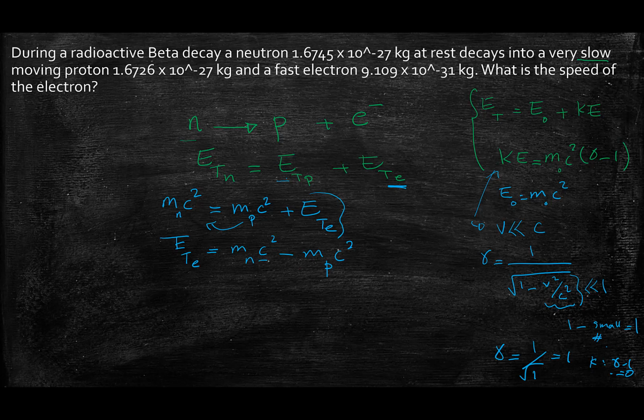Now, since c squared is common in both cases, I'm going to take it out, and I will be left with the mass of the neutron minus the mass of the proton. So I put this in my calculator.